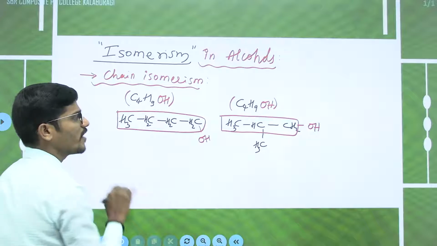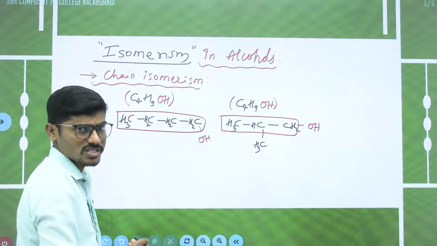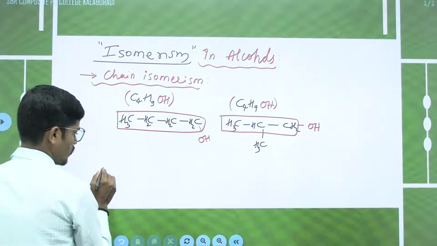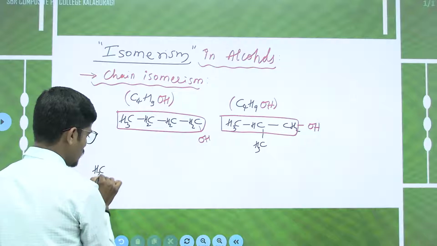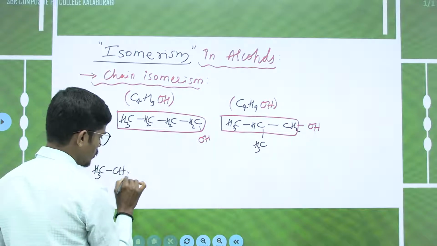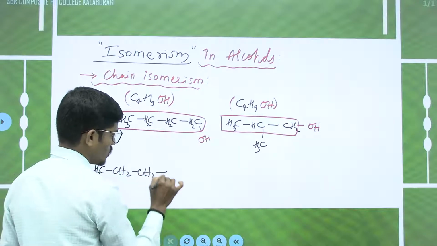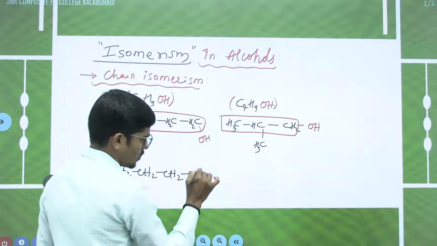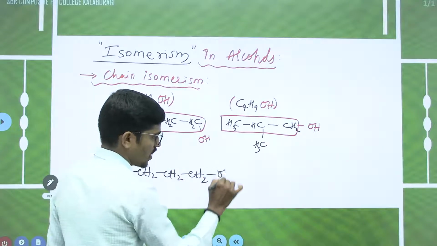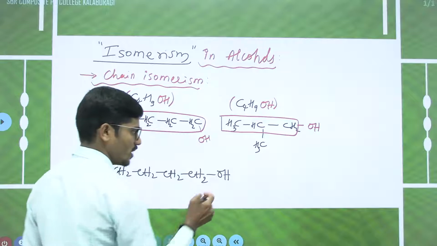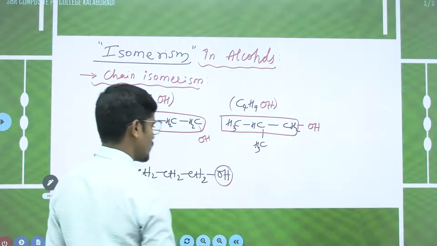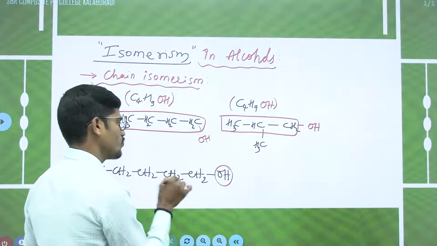If we consider 5 carbon atoms, we can write 3 structures. If 5 carbon atoms are there: CH3, CH2, CH2, CH2, and CH2OH. That is n-pentanol, with 5 carbon atoms: 1, 2, 3, 4, 5.